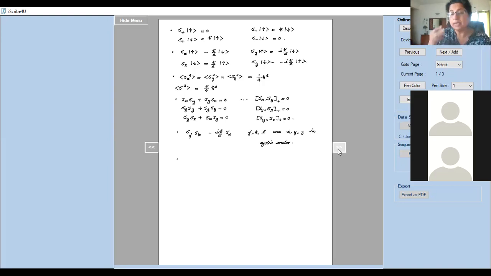The other thing is the link with the Pauli spin matrices, right? So essentially what you need to remember is that S is nothing but ħ/2 sigma, or your sigma is equal to 2/ħ S. And you can essentially write down all the rules that you saw in terms of the Pauli spin matrices.